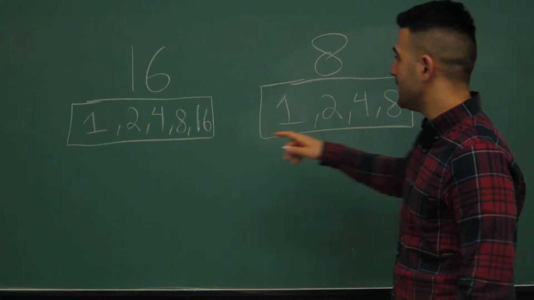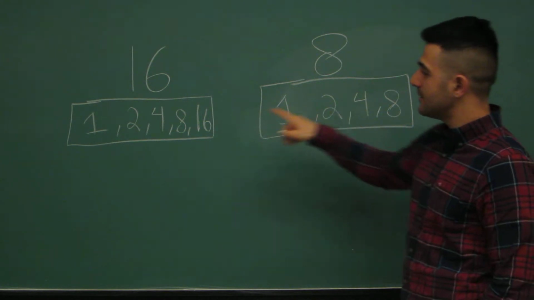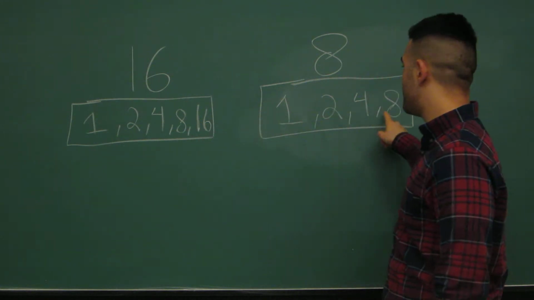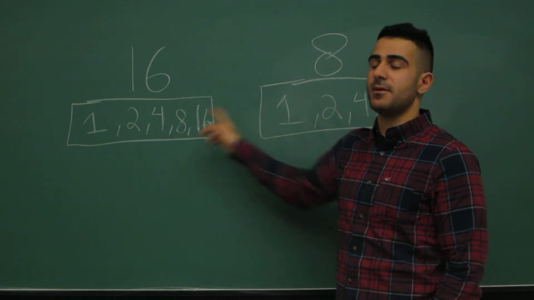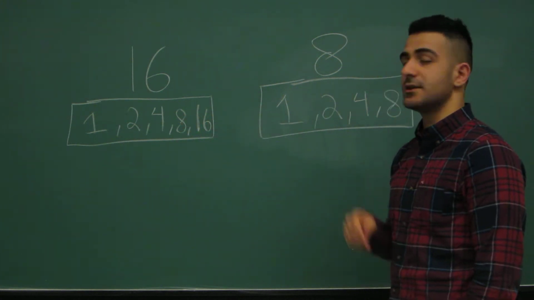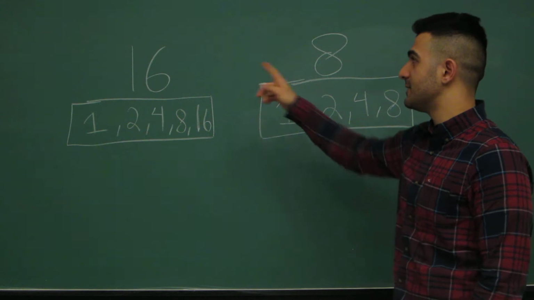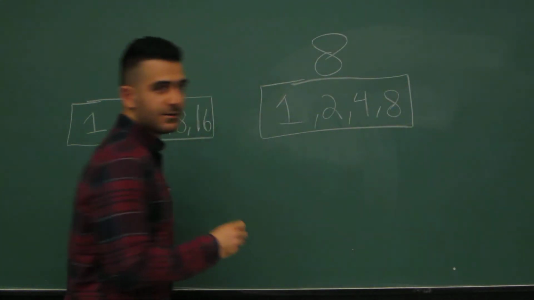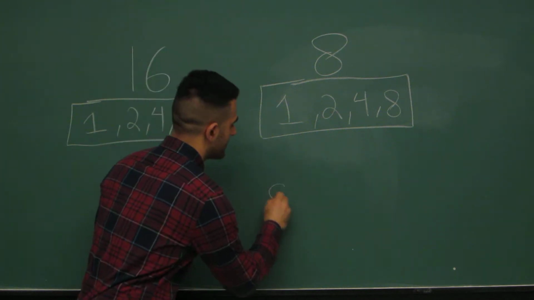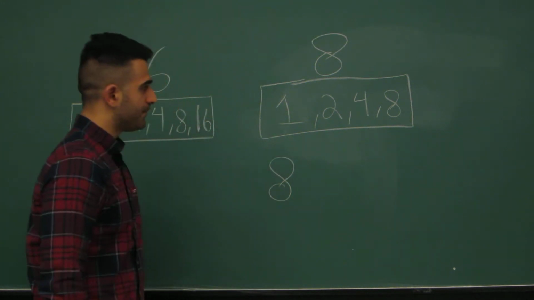After some examination, we see that 8 appears in both the factors of 16 and 8 and is the largest common factor, or it's the greatest common factor of 16 and 8. So we found out that that number is 8.